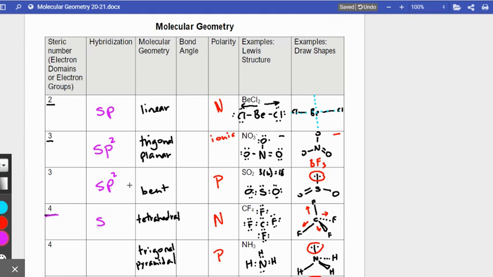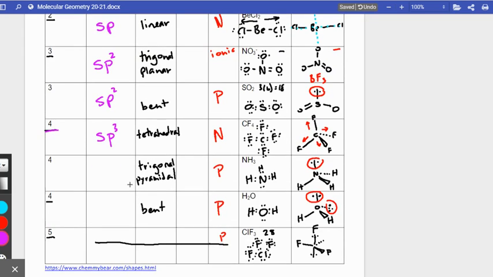So 1s and 3p need to come together to give me sp cubed hybrid orbitals. And then the trigonal pyramidal, we still need a place for these electrons. The steric number of 4 means I'm still going to have sp cubed. And same down here with water. This is an sp cubed hybridization for a steric number of 4.